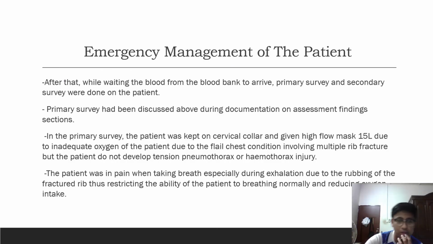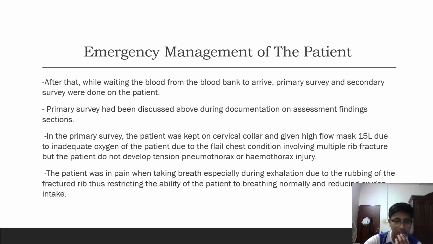Next, in the process of emergency management of the patient, while waiting for the blood from the blood bank to arrive, primary survey and secondary survey were done on the patient. The primary survey was discussed above during the presentation on assessment findings.